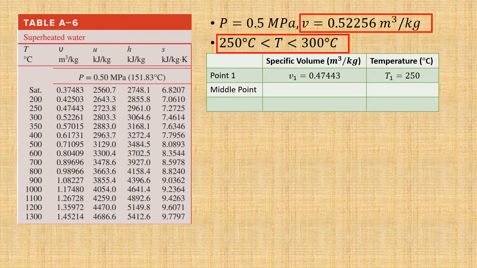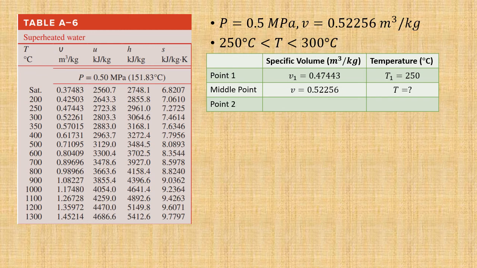We will denote these as T and V. Lastly, we have point 2 with a temperature of 300 degrees Celsius and its corresponding specific volume value. We will denote these as T2 and V2.